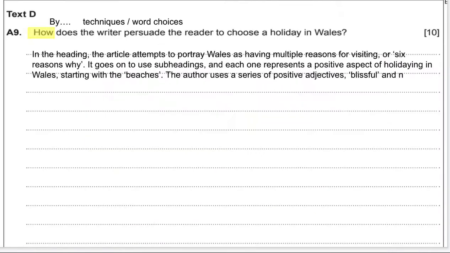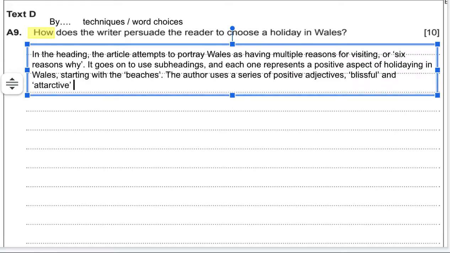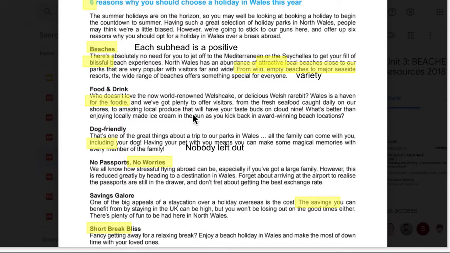Attractive. To underline their appeal, so I can call them there because we're talking about the beaches. Okay, that point's finished. Keep moving on.